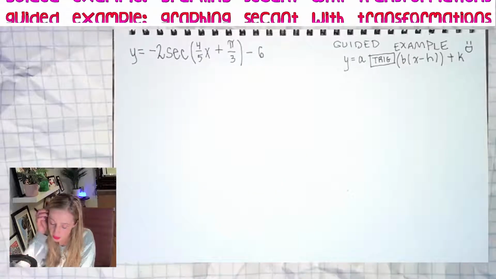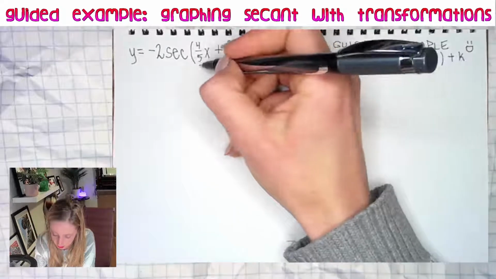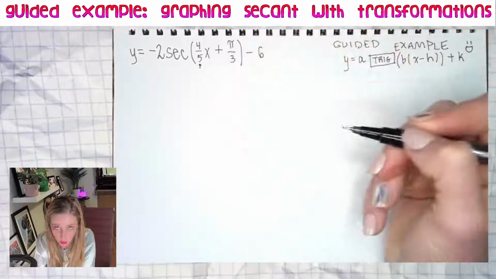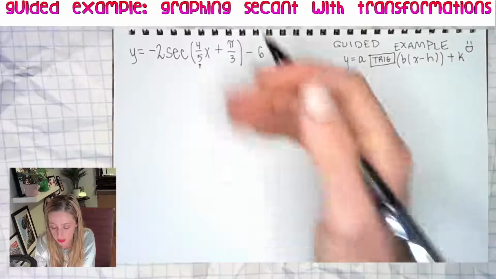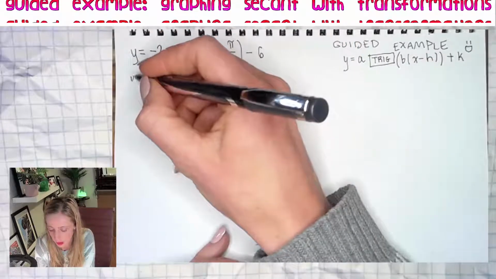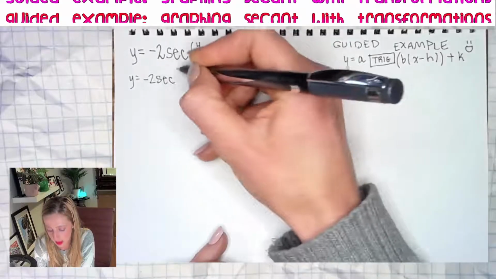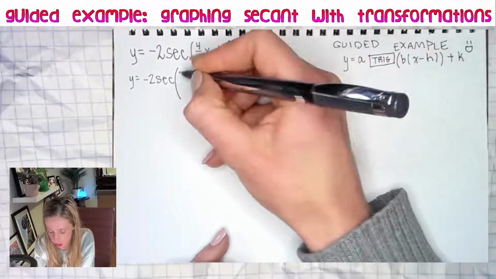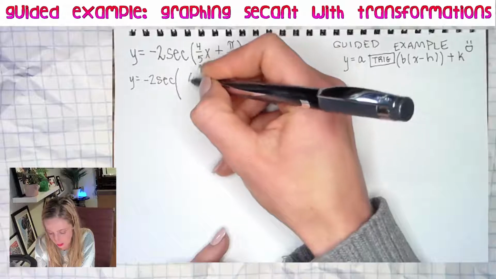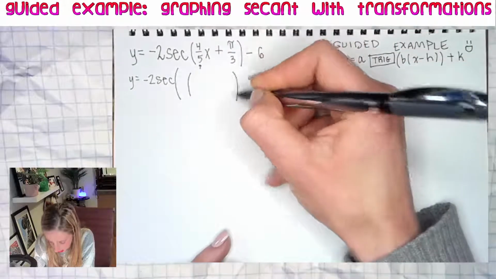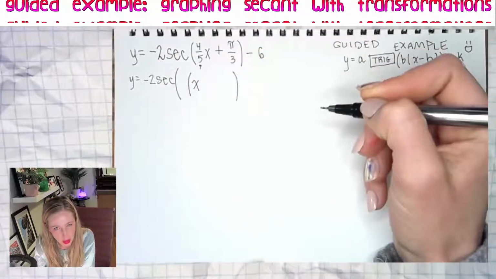Ready? First thing I want to do is I'm going to recognize the fact that I need to factor that 4/5 kind of out in front of a parenthesis. So there's going to be an extra set over here. Y equals -2 secant, 4/5 is going to have to go out there, right? Then this will no longer have a 4/5 on it.